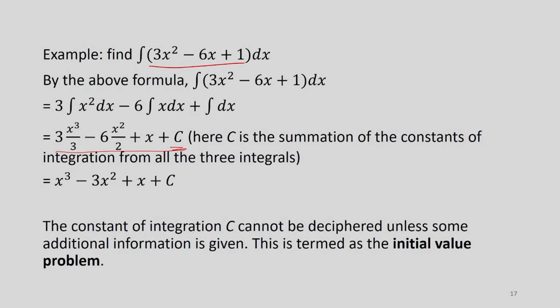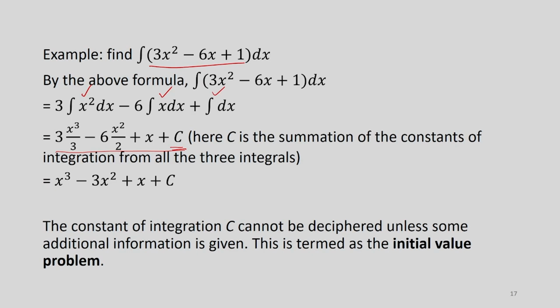Now, at this stage you might be wondering that since you have 3 integrals, so there will be 3 constants, right? From each of these integrals you will get one constant, right? There are 3 operations of integration, so 3 constants. So, how come there is just a single constant?